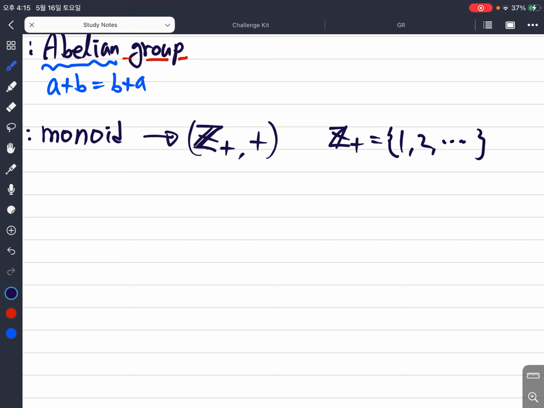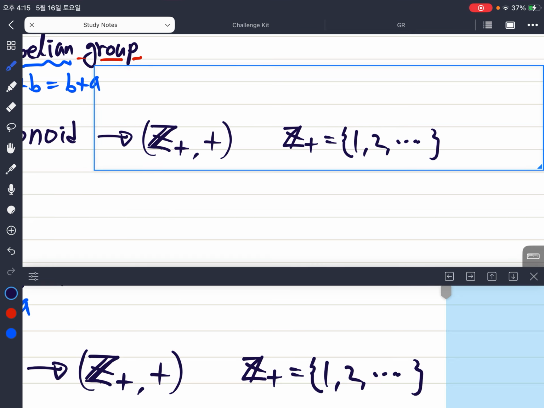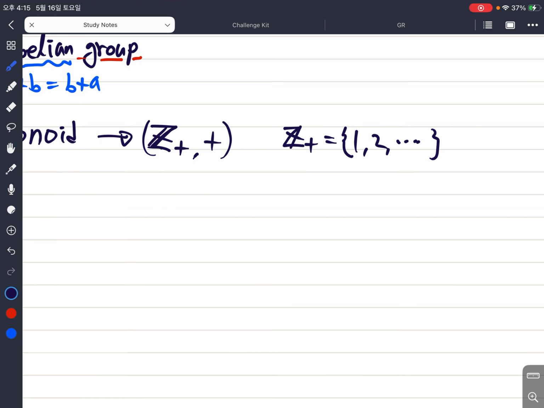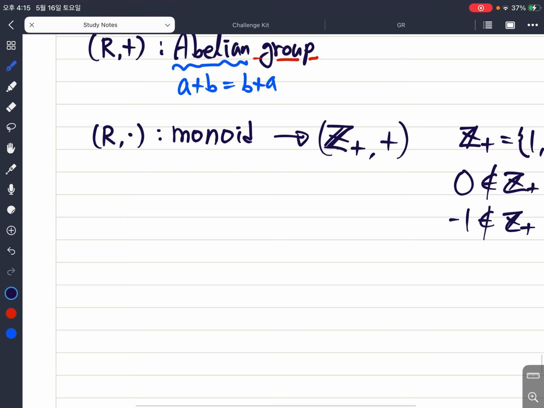You know, the identity element, the neutral element for plus, is 0. But there is no 0 in Z plus. And you also need minus to get the inverse, so that is not in Z plus. Minus 1, for example, is also not in Z plus. So this is an example of a monoid.